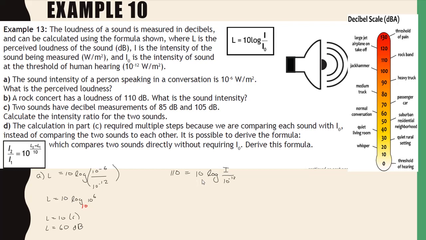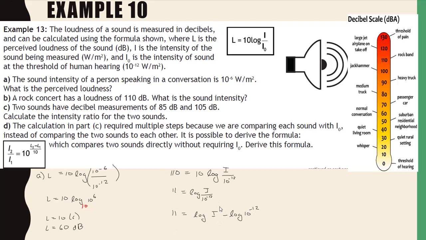So this question is a little bit different in that we have to actually isolate something inside the logarithm. The first thing I would do, I've got 10 times this log, so I'm going to divide both sides by 10. So I get 11 is equal to log I over 10 to the power of negative 12. Next, I'm going to split this log apart. So I get 11 equals log I minus log 10 to the power of negative 12.